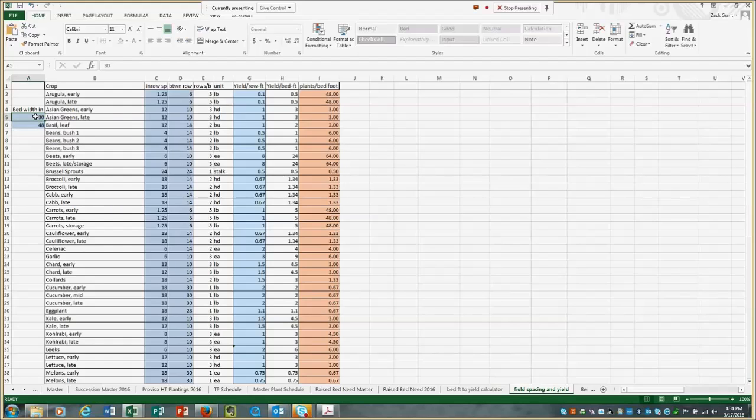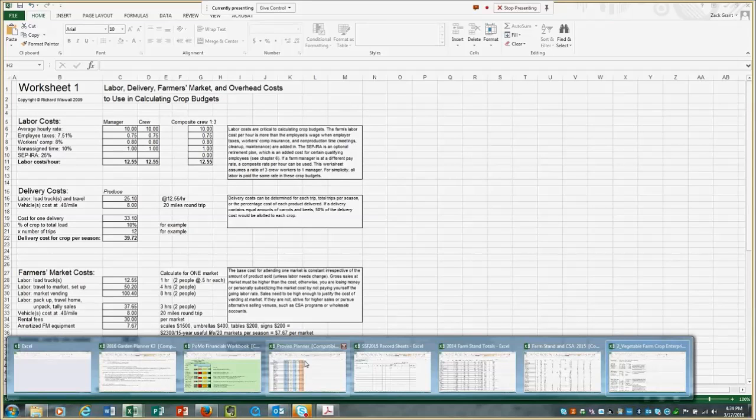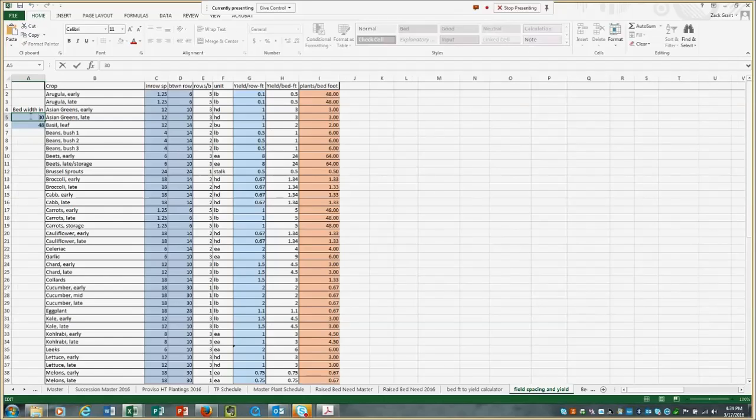Just by simply adjusting your bed width in column A, you get all of those things to change. So I'm going to change it back to 96. Oops. Didn't mean to do that. We'll change it back to 96 and move on. So you can see how by changing that, it changes all of those different parameters.